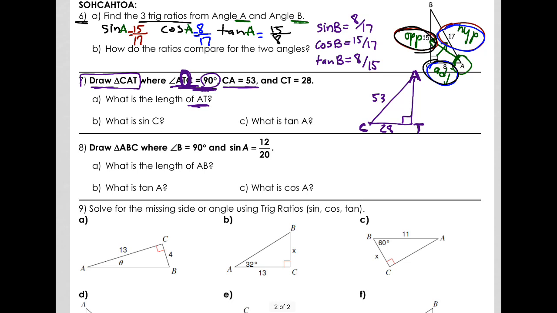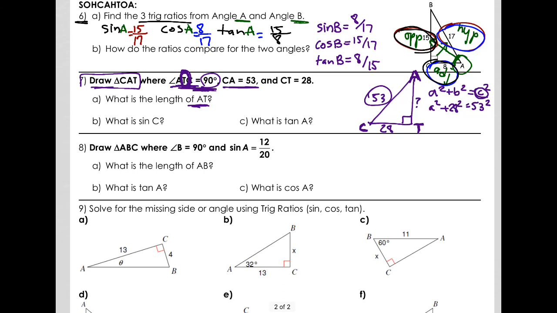If you have 2 sides of a right triangle, remember you use the Pythagorean theorem to solve for the third. Whenever you have 2 sides, Pythagorean theorem to solve the third. Remember that the C has to be the hypotenuse. No matter what, that has to be the 53. And then the missing side here, I'm just going to leave it as A squared. You can make it X if you want. And then the 28 squared.